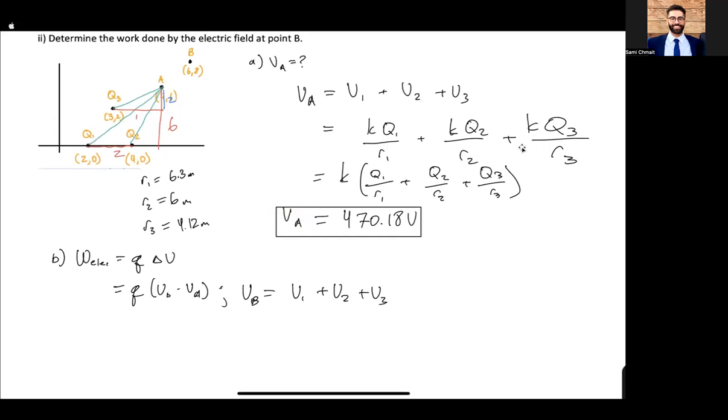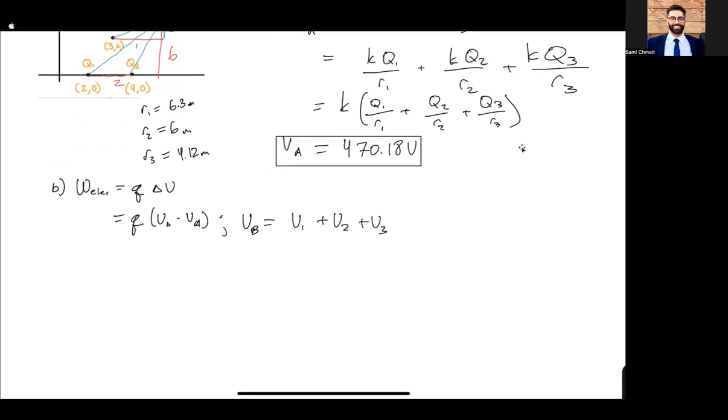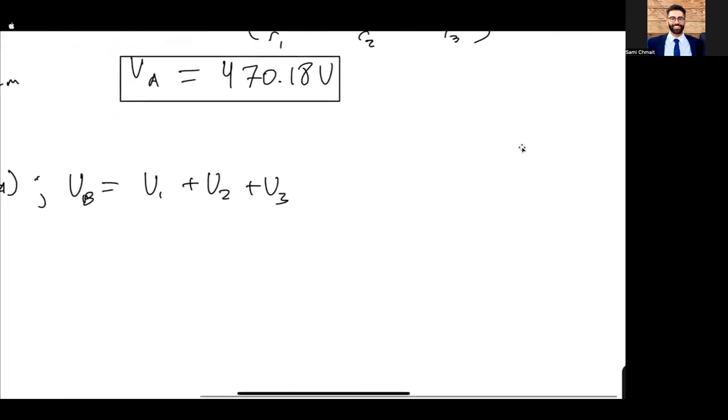The only difference now is our triangle has reoriented. Using the same logic as before, I'll let you guys do that for the practice, for those who need to practice their trig. I'll tell you what they're equal to: R1 prime is equal to 8.94 meters, R2 prime is equal to 8.25 meters, and R3 prime is equal to 6.71.